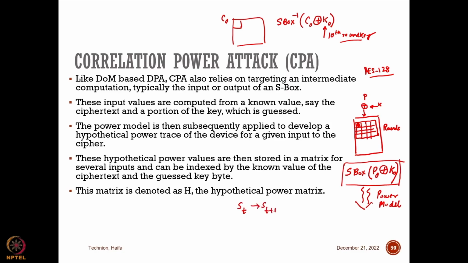Then the Hamming distance of st and st plus 1 is nothing but the Hamming weight of st XORed with st plus 1. If you XOR st with st plus 1, you get the number of changes, and the Hamming weight of that encoding of the change is your Hamming distance.